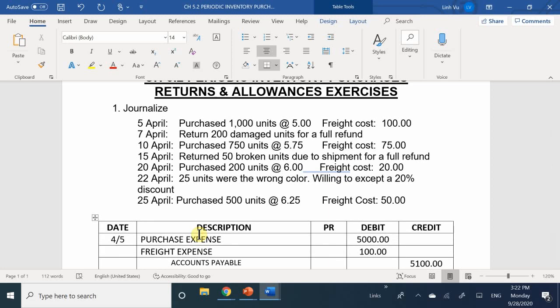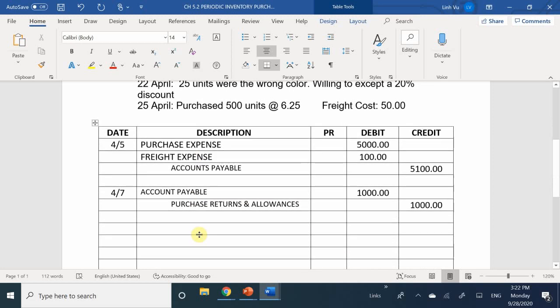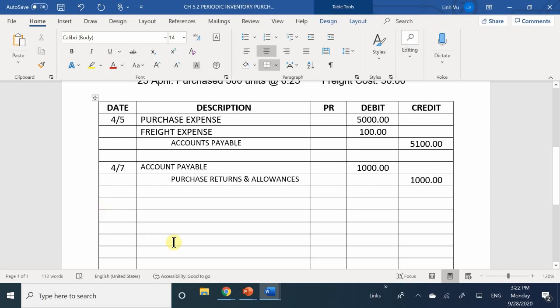Okay, let's see here. April 10th, purchased 750 units at $5.75 each. And so, the date of April 10th with a purchase expense. And the purchase expense price, under the debit column, will be $4,312.50.